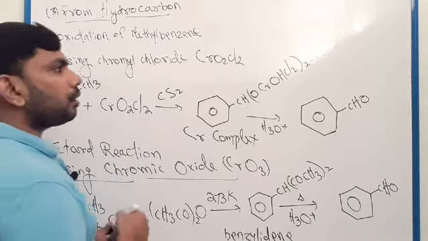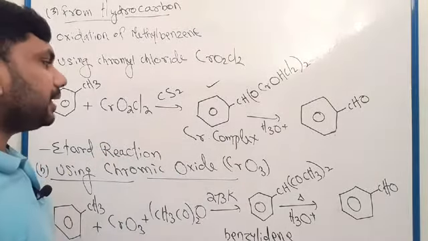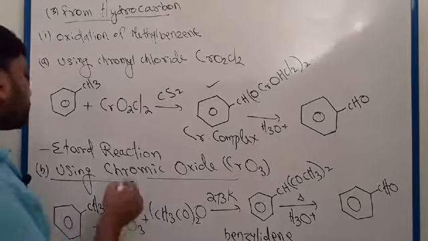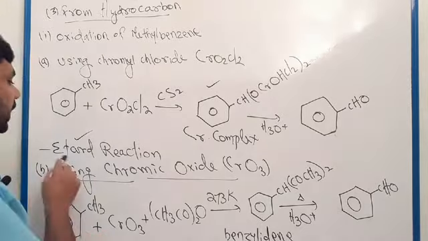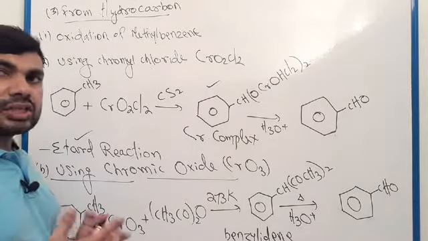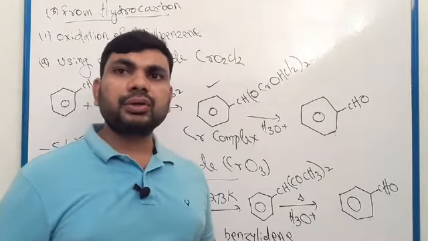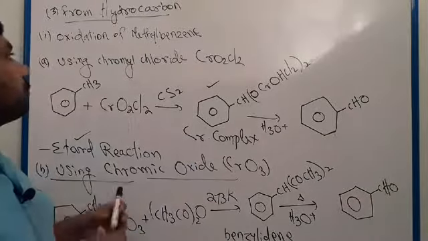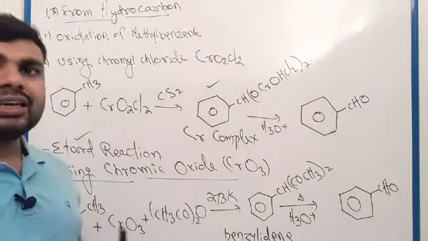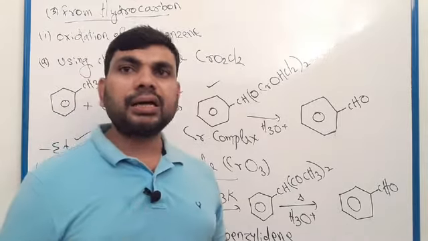This chromium complex, on further hydrolysis, changes to benzaldehyde, and this chemical reaction is called the Etard reaction. So the Etard reaction means methyl benzene is treated with chromyl chloride in presence of carbon disulfide and it changes to benzaldehyde.